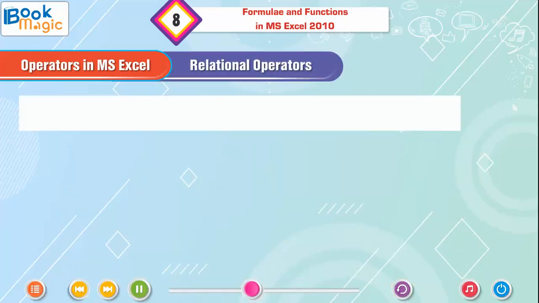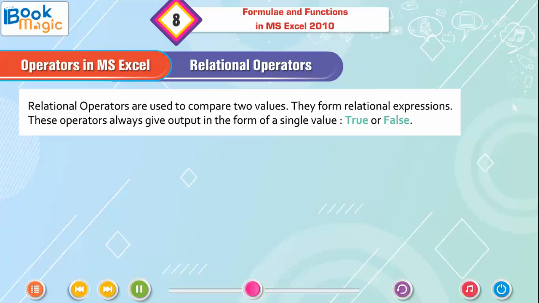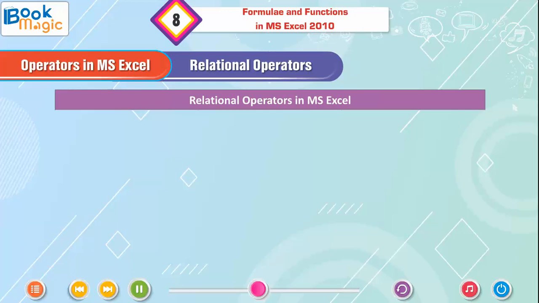Relational operators. Relational operators are used to compare two values. They form relational expressions. These operators always give output in the form of a single value, true or false. Relational operators in MS Excel.